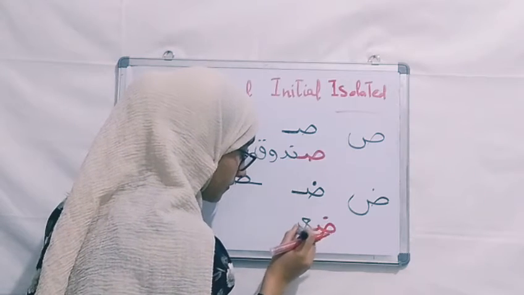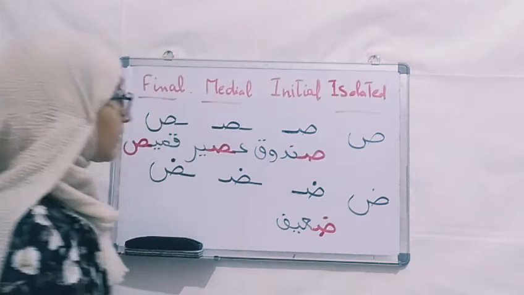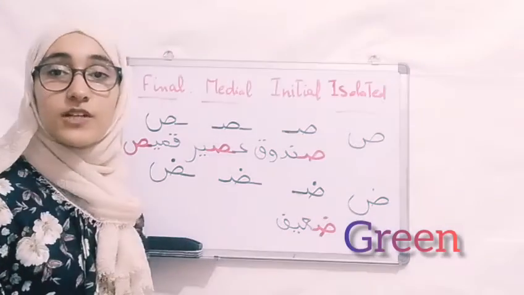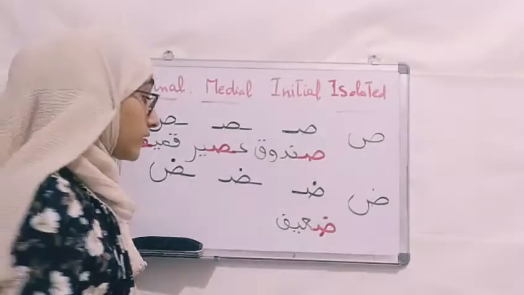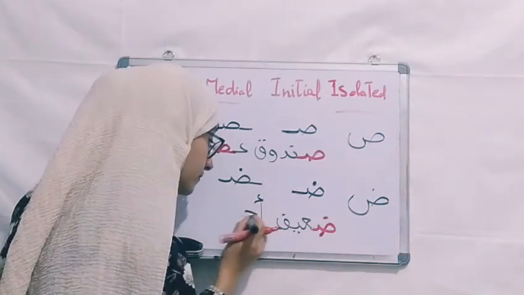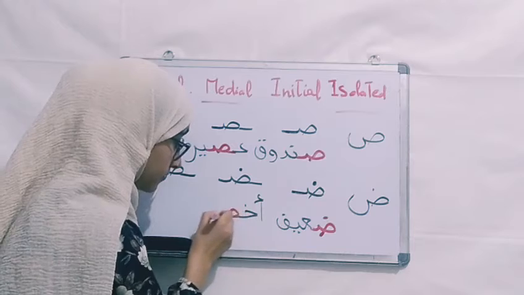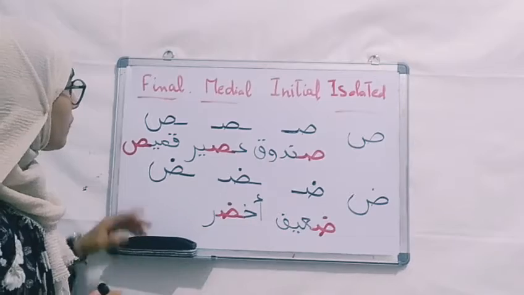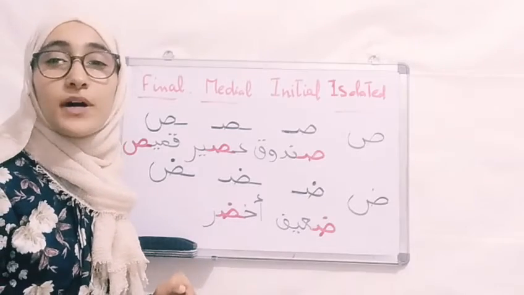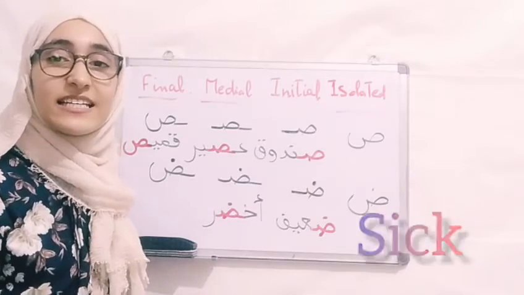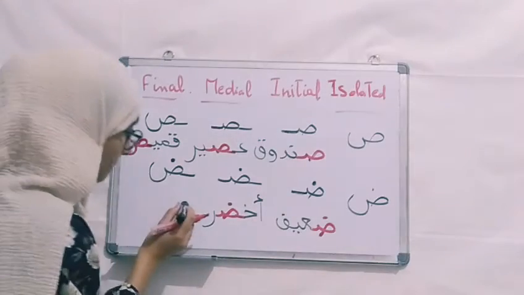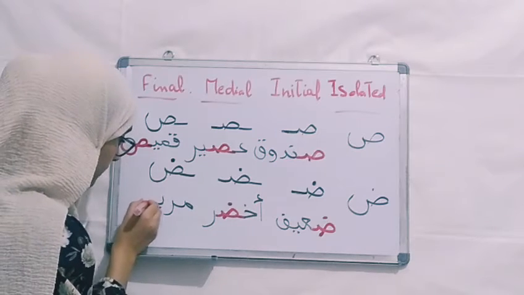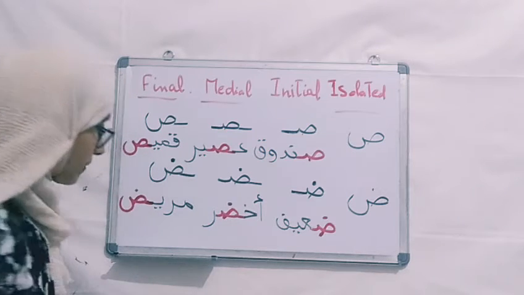And then in the middle form we have أخضر. أخضر means green, the color. And in the final form, for example, we have مريض, which means sick. It needs to be connected before: مريض.